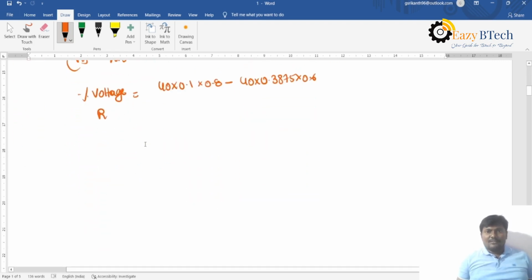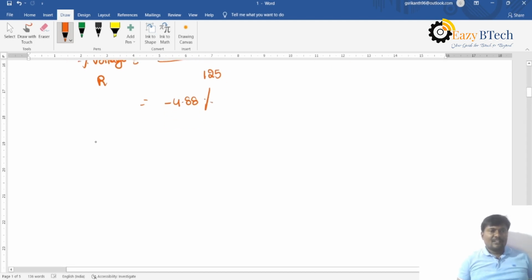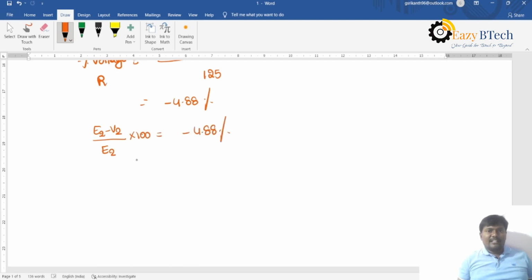If you have a doubt, check in your calculator. Divided by E2, that is 125, into 100. So for the voltage regulation I am getting minus 4.88. So finally, E2 minus V2 divided by E2 into 100 is equal to minus 4.88 percent.